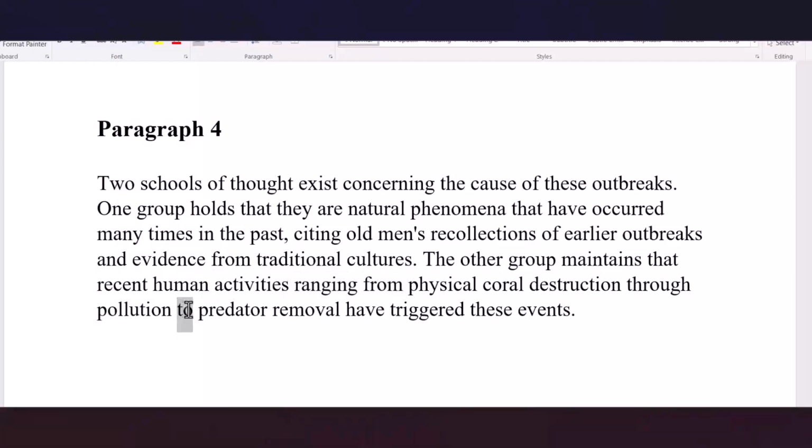This too is the key to understanding the clause better. From something to something: from physical coral destruction through pollution to predator removal.